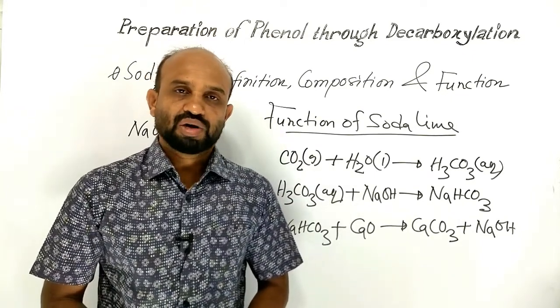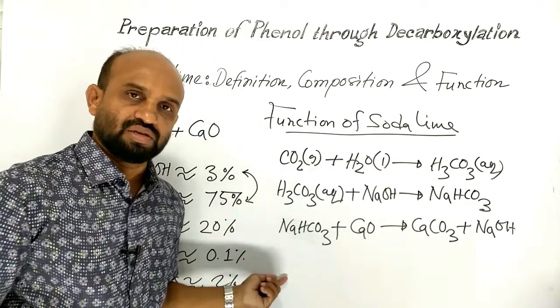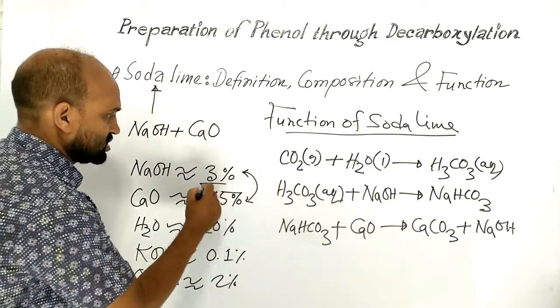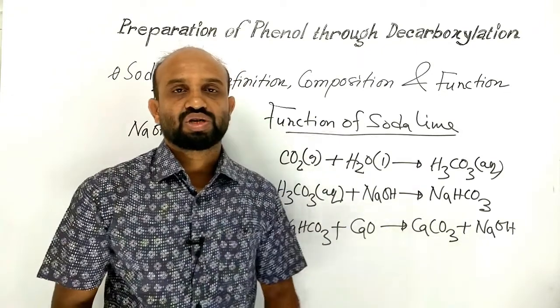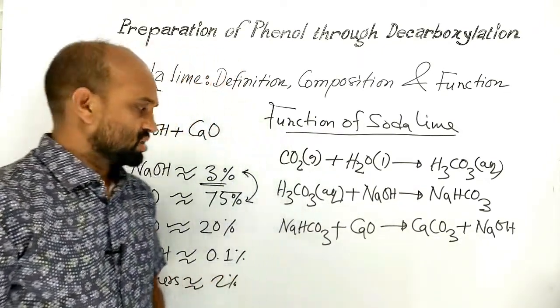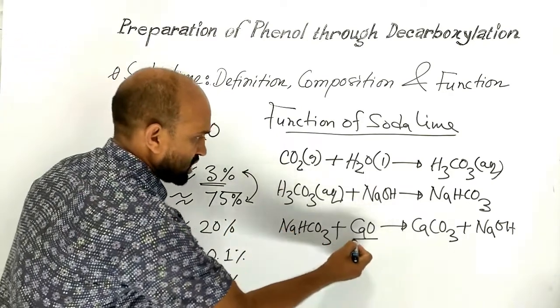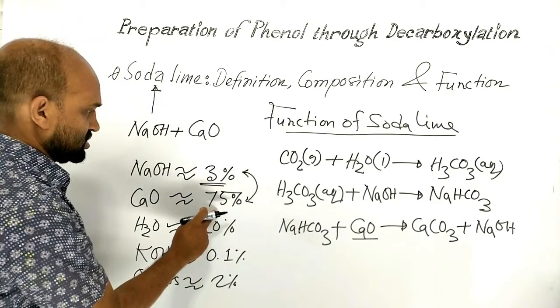As sodium hydroxide is produced through the reactions again, that is why sodium hydroxide is only 3%, because recycling of sodium hydroxide occurs, but there is no recycling for quicklime, calcium oxide. That is why this is 75%.